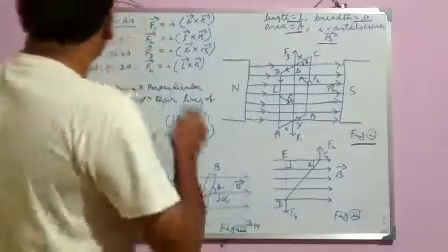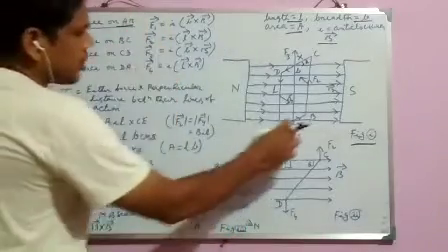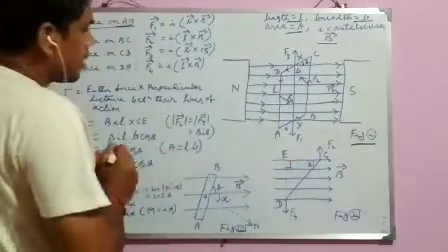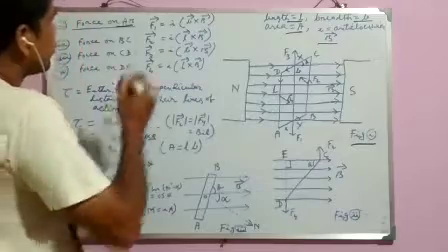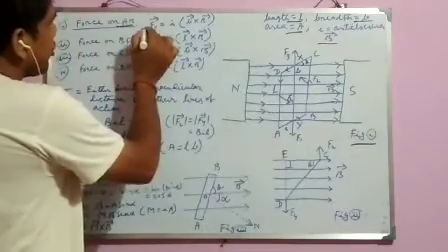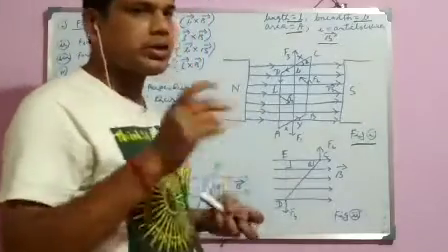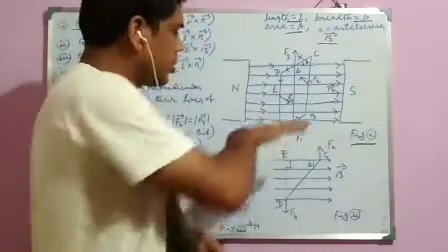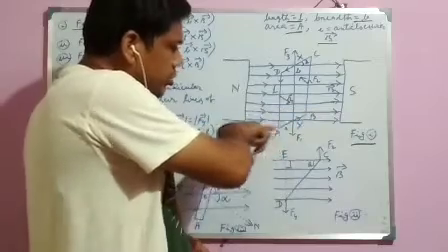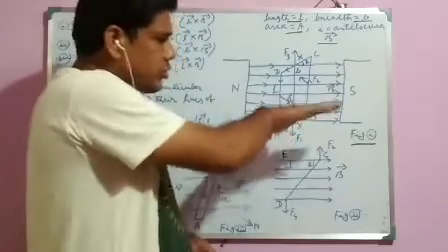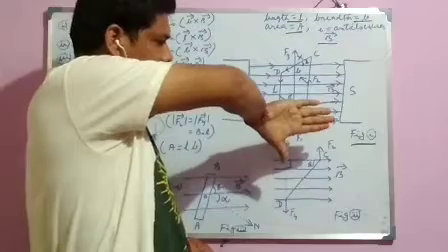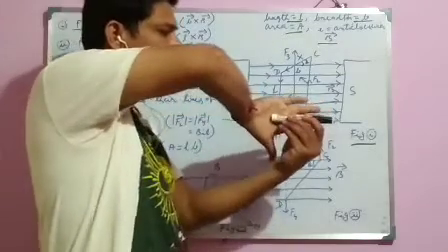Now, the force on the AB conductor is denoted by vector F1. We first have to find the direction of this force F1. Current is flowing along this direction, A to B, and the magnetic field is in this direction.